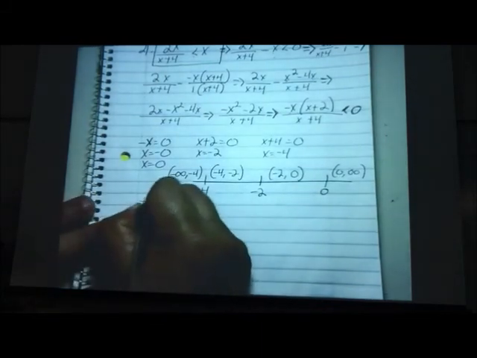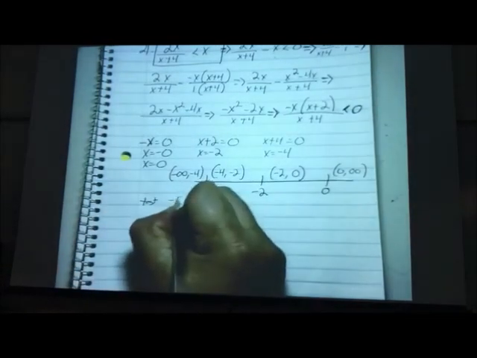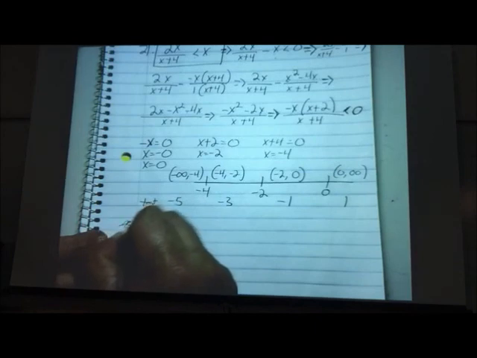Now we need to run a test. Our test is going to consist of -5, -3, -1, and 1. We go back to the original because it's just so complicated.